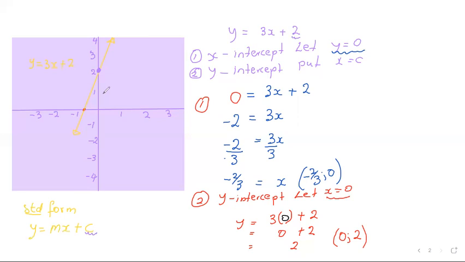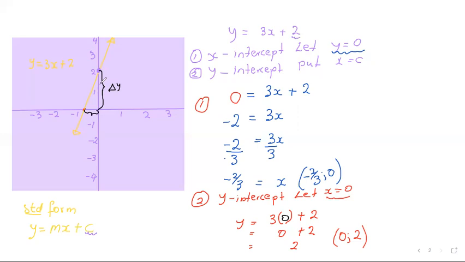And then that will be the slope, changing y divided by changing x. This will be the change in y. And that will be a change in x.